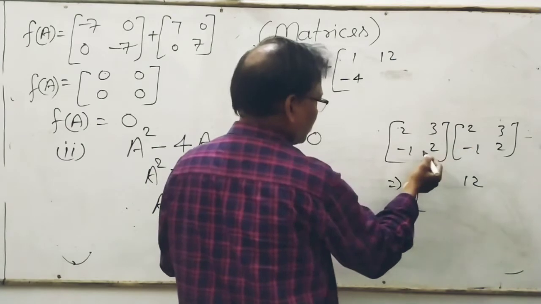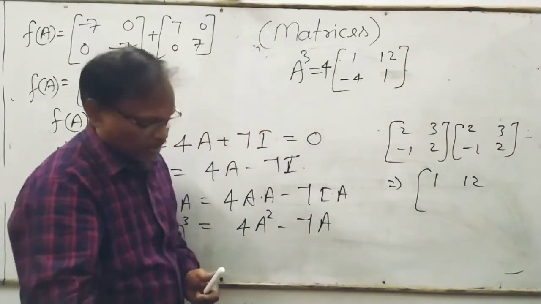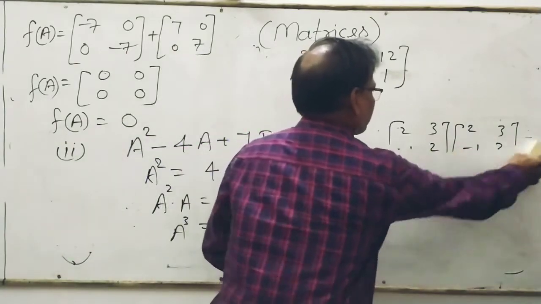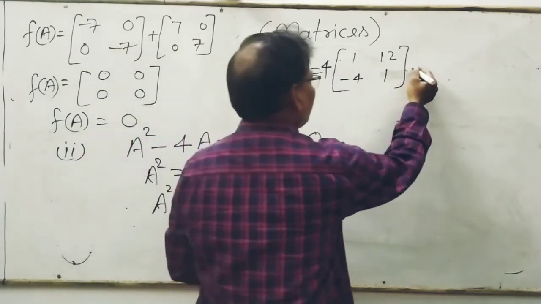Okay, minus 1 3 minus 3 and 2 to the 4 1. Clear. So this is the A square, and then minus 7A.